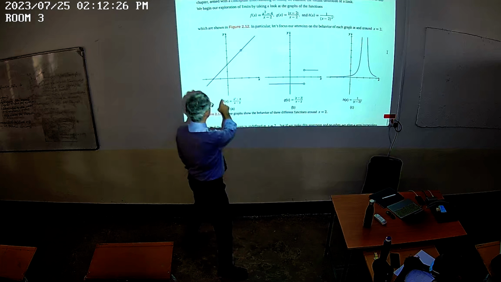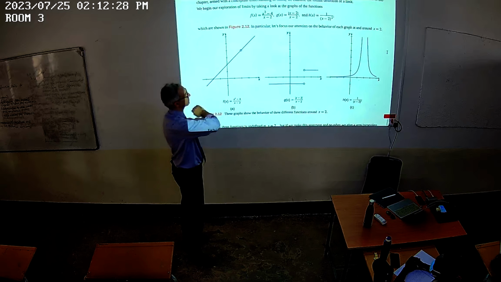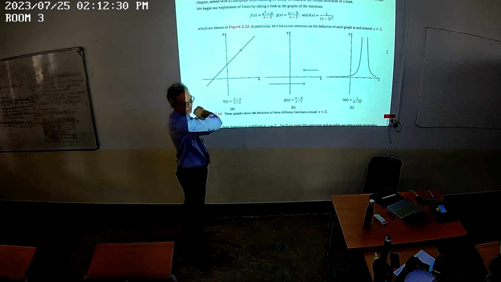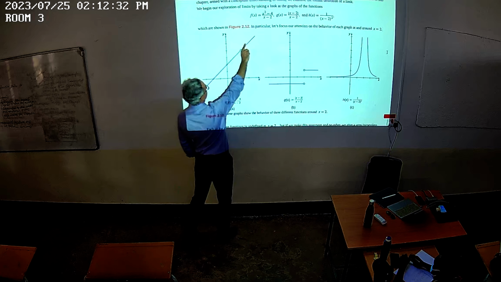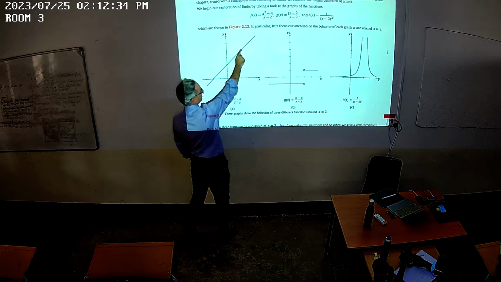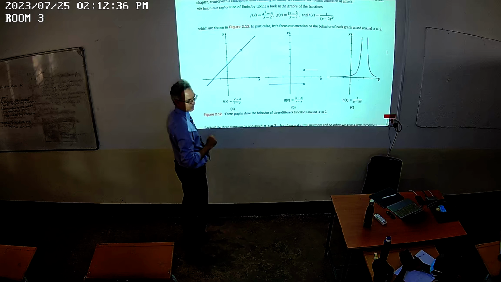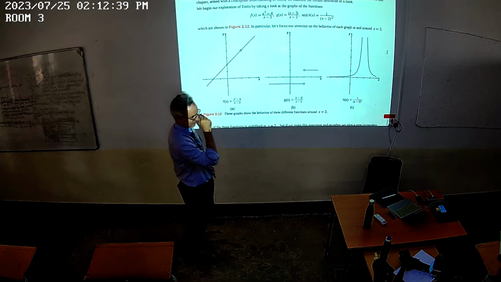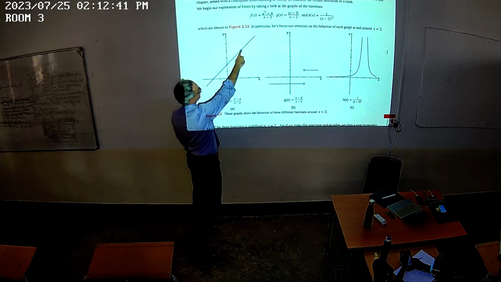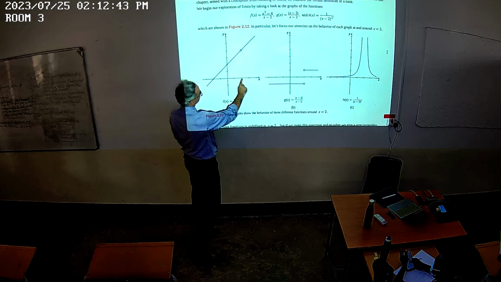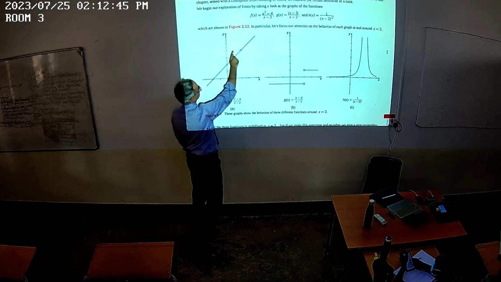So here are these three graphs of the three functions we just described. One of them looks like a line with an open circle in the middle. Do you remember what an open circle is? It means this point is excluded, that at x equals 2 there's no value.